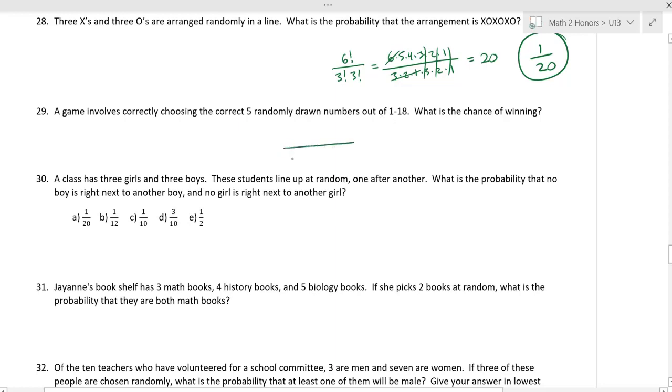So for the denominator, how many different ways can that happen? Well, 18 times 17 times 16 times 15 times 14, right? And we're going to pick the exact 5 that we want and that we need. And so there's one way to do that out of this.